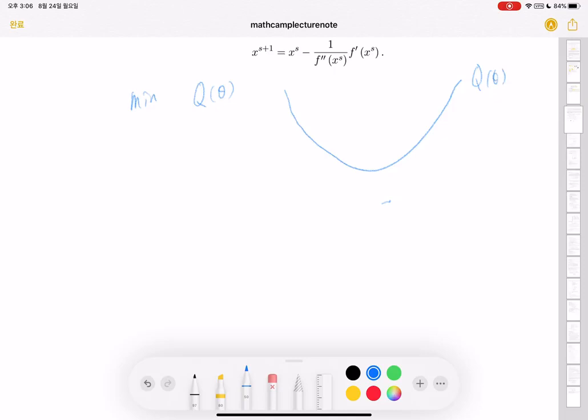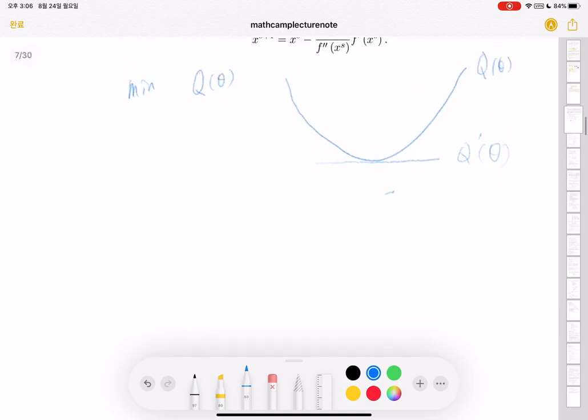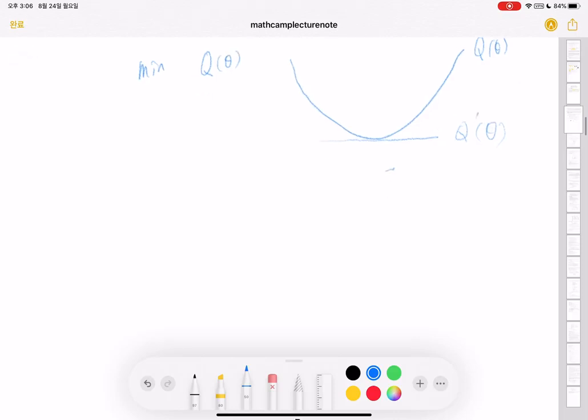At the minimum, your q prime of theta is 0, right? So instead of q, let's focus on q prime. In this region your q prime is negative. In this region your q prime is positive. So it goes this way.